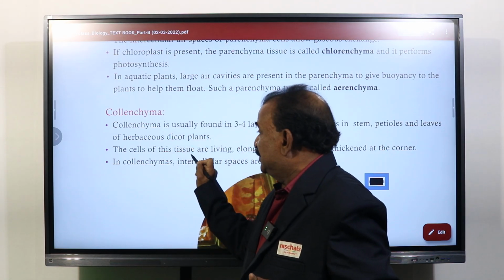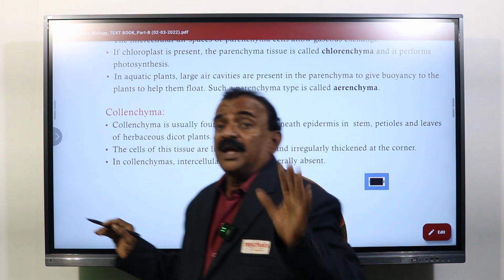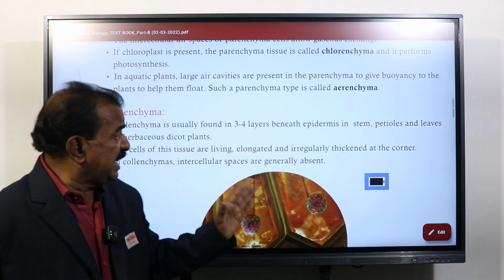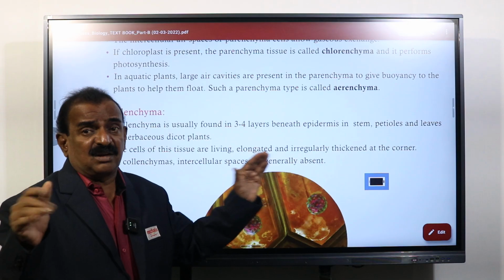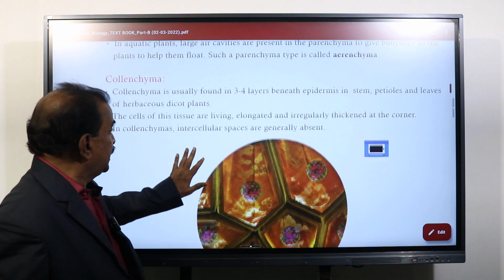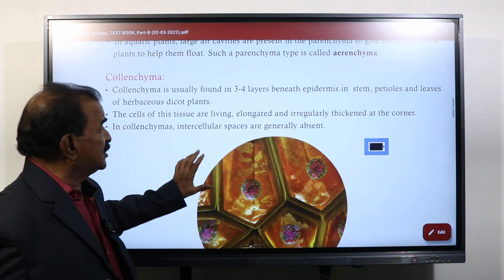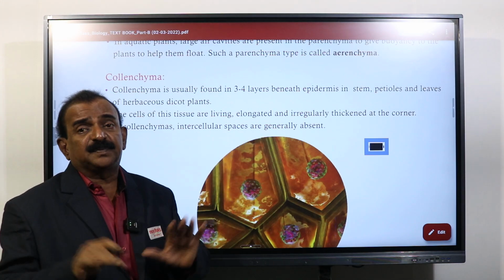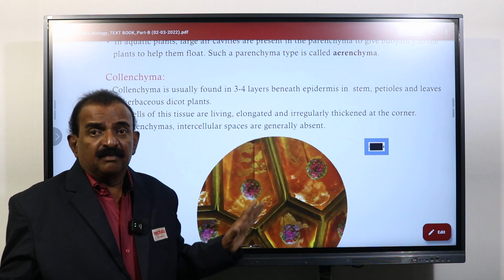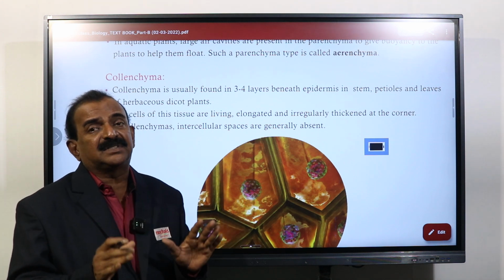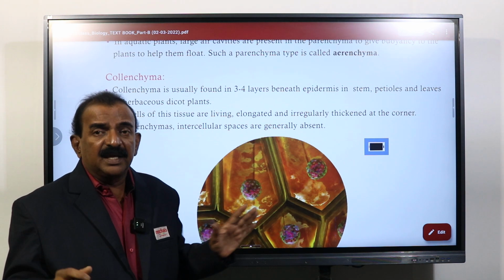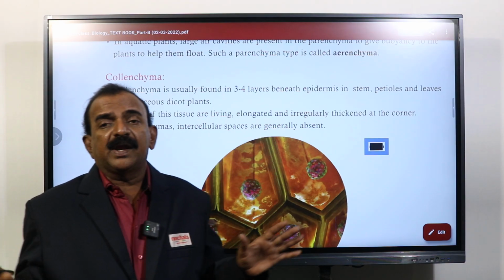Again, the cells of this tissue are living, and they are elongated and irregularly thickened at the corners. And you see, they do not have intercellular spaces. Intercellular spaces are absent, but abundant intercellular spaces are present in the case of parenchyma. In collenchyma, there are no intercellular spaces.